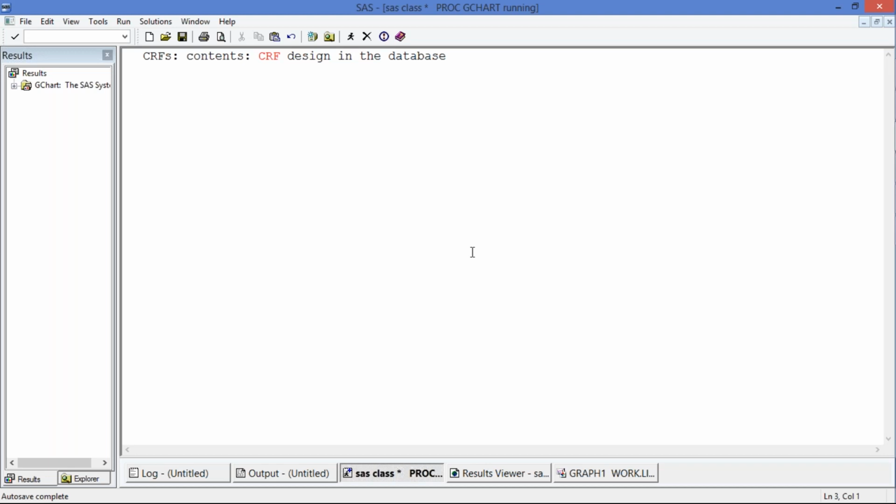But before we go to contents, let us understand what is CRF, types of the CRF, and responses for the CRF. What is CRF? CRF is a data collection tool, data collection form, which is used to collect the clinical trial related data.